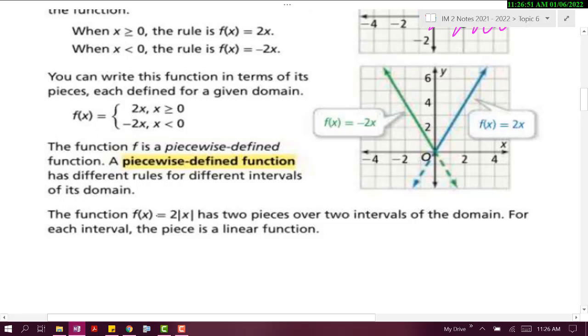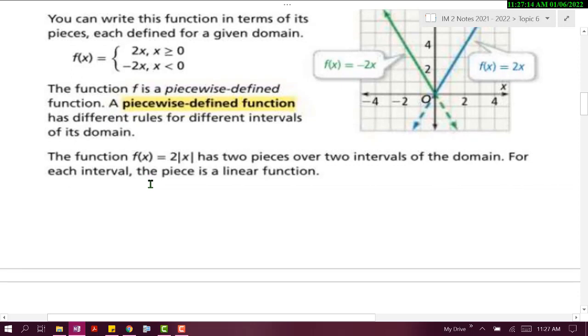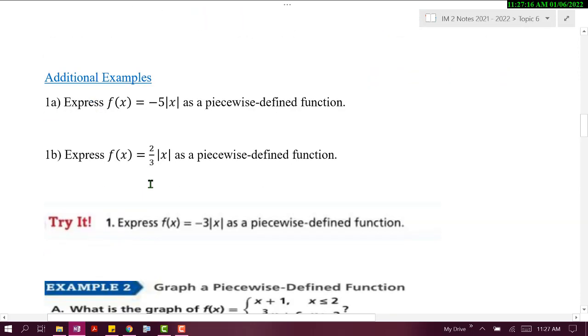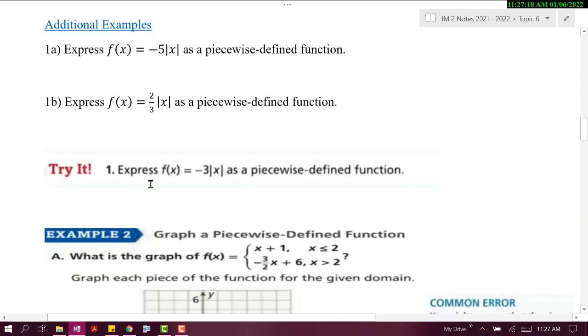But now this function, f of x equals 2 times the absolute value of x, has 2 pieces over 2 intervals of the domain. So 2x and -2x: we use the first one with all x values greater than 0, including 0. And for the second one, we use all x values that are less than 0 and plug them in. So it's substitution again, but right now I think we're just going to be sticking with lines. So hopefully that can help us.